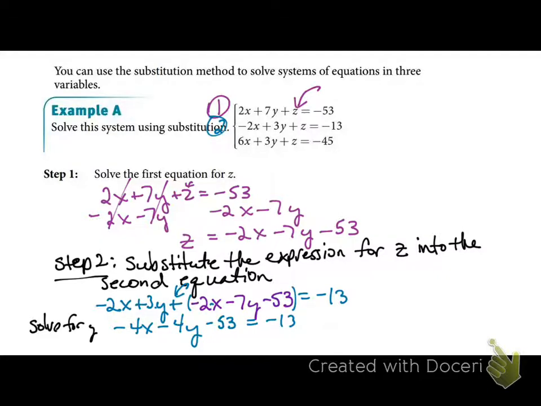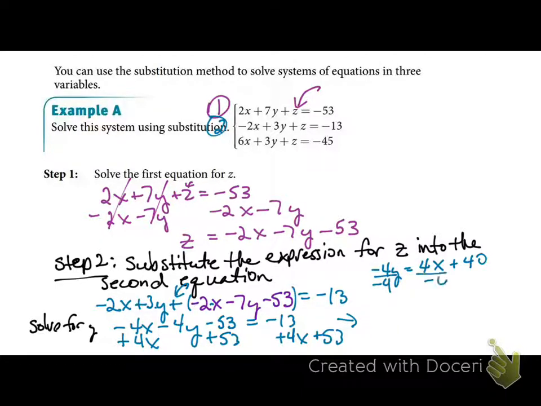So we would add the opposite of the negative 4x for positive 4x. And the negative 53, we would add a positive 53. So we'll add those to both sides. So then that would give us, we still have the negative 4y equal now to the 4x. And now I'm going to combine the negative 13 plus the 53, and that would give me a positive 40. And then I will divide out my negative 4.